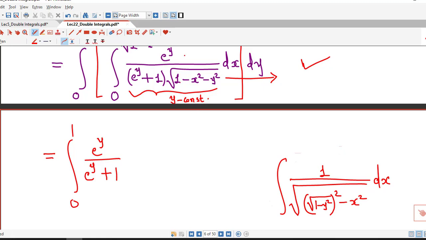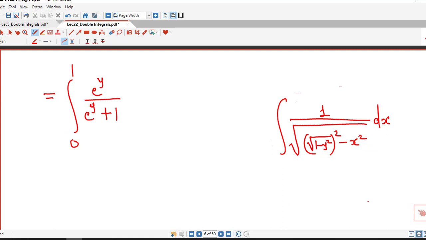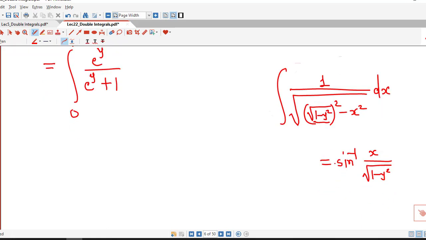Now this 1 over square root of 1 minus x square minus y square is written as square root of 1 minus y square whole square minus x square, and we have to integrate this with respect to x. So this square root of 1 minus y square is constant. So this is going to be sine inverse x divided by square root of 1 minus y square.